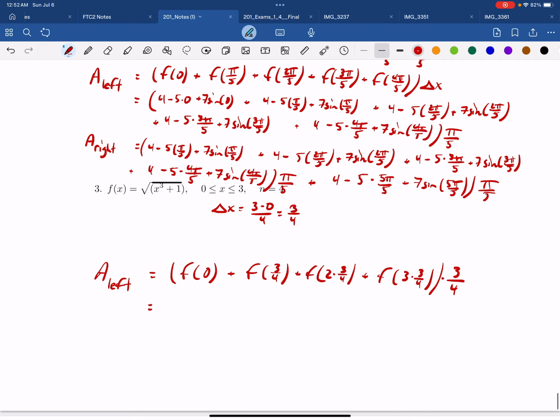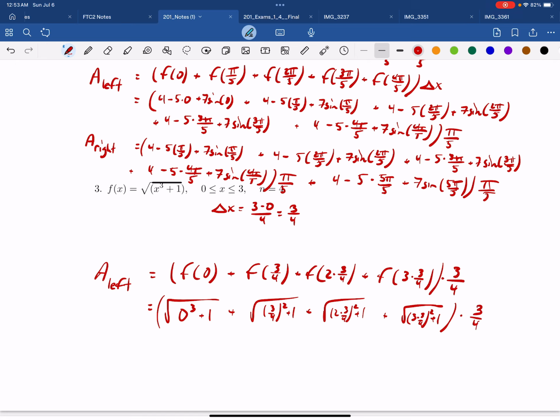So all this is going to equal square root of 0 cubed plus 1 plus square root of 3/4 squared plus 1 plus square root of 2 times 3/4 squared plus 1 plus square root of 3 times 3/4 squared plus 1. And then all of that times 3/4.